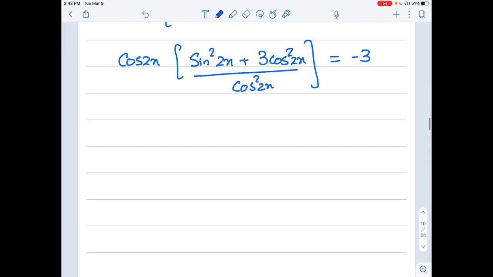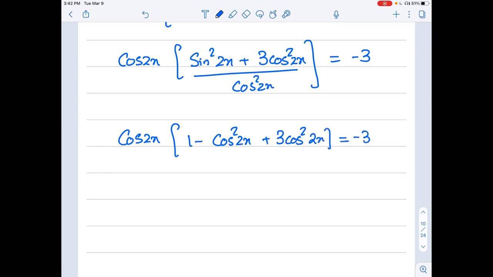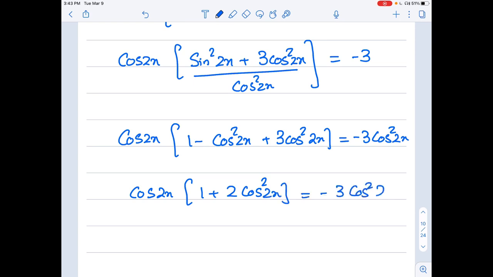Then cos 2x times sin square 2x, which is 1 minus cos square 2x, plus 3 cos square 2x, is equal to, cross multiplication, minus 3 cos square 2x. So it becomes cos 2x times 1 plus 2 cos square 2x is equal to minus 3 cos square 2x.